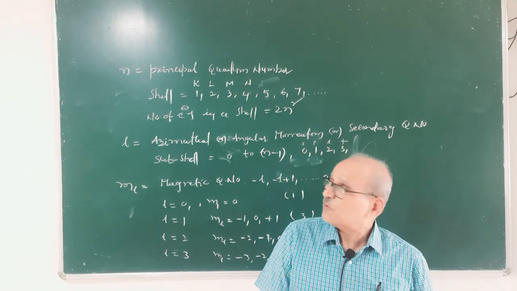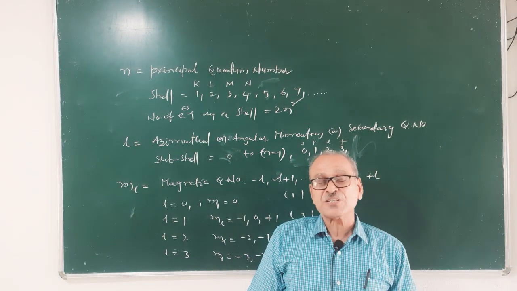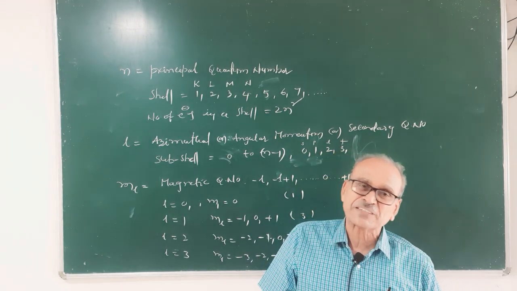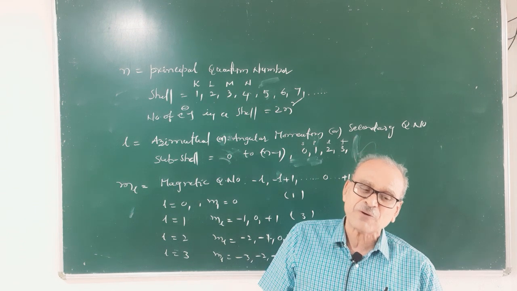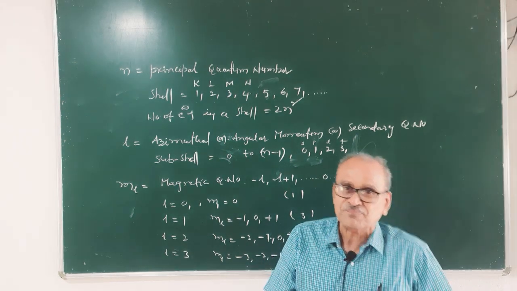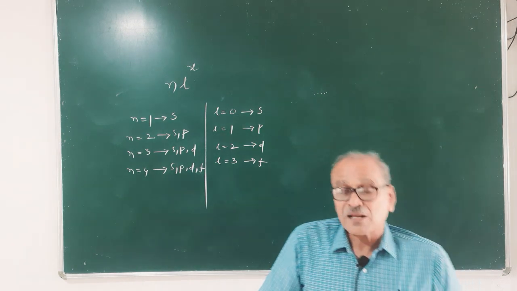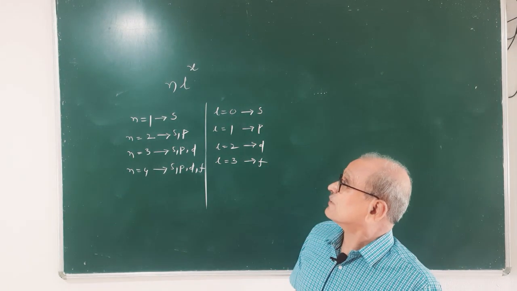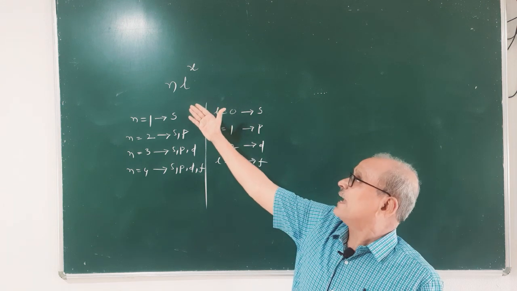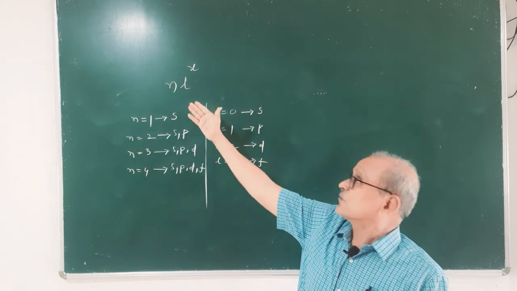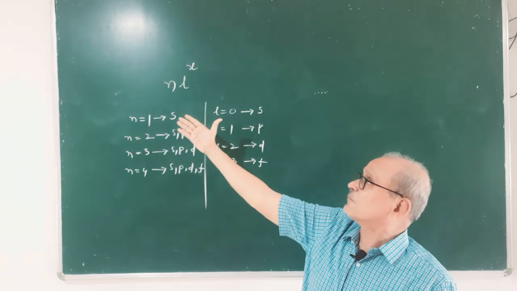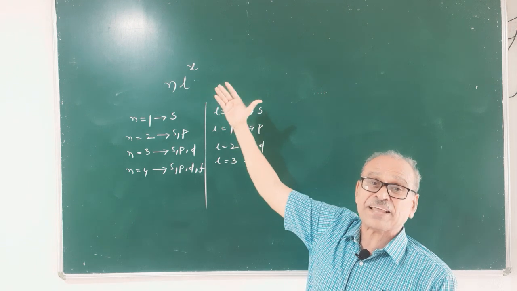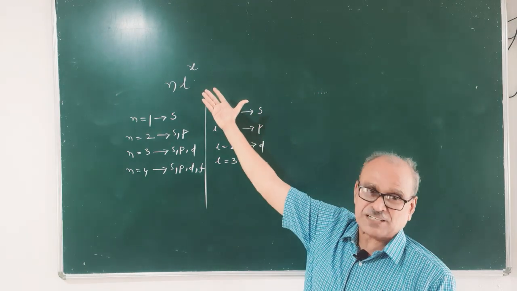Now using this kind of approach, we can write the electronic configuration of elements by a method called the nl to the power x method. In a multi-electron atom, we can represent electronic configuration in the simple format nl to the power x. Here n represents the principal quantum number, l represents the subshell and x represents the number of electrons present in the subshell.